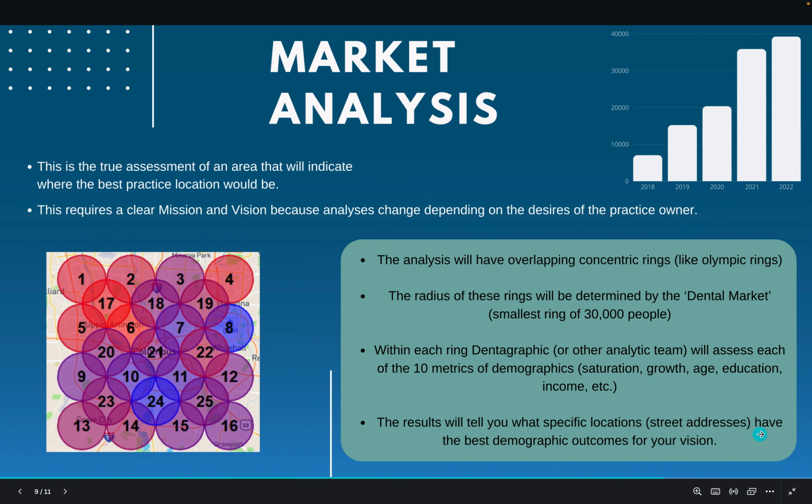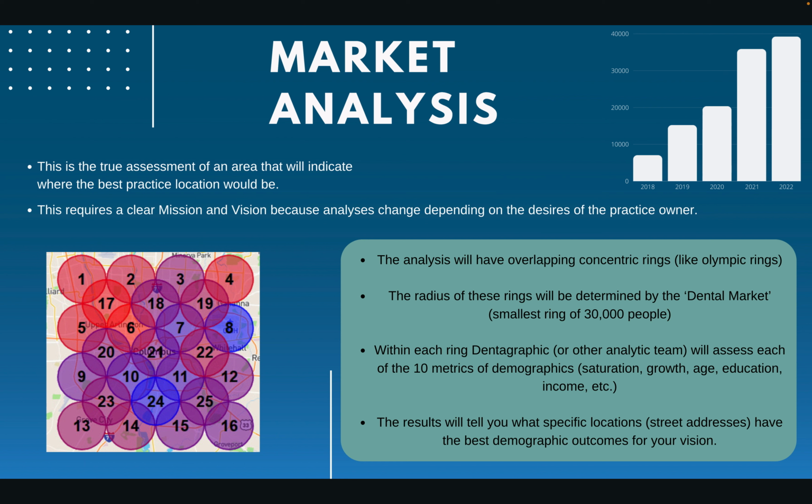So now we actually come to the analysis of the area for your market. So we've taken the time, we've figured out who we're marketing to, what group we want, what's the area that we're looking for, and now we know what are the demographics that we look at, and now it just comes down to we look at these and we look at the area of interest, the city, the state, whatever we're looking for, and we say, let's break it down into chunks of these dental markets, right?